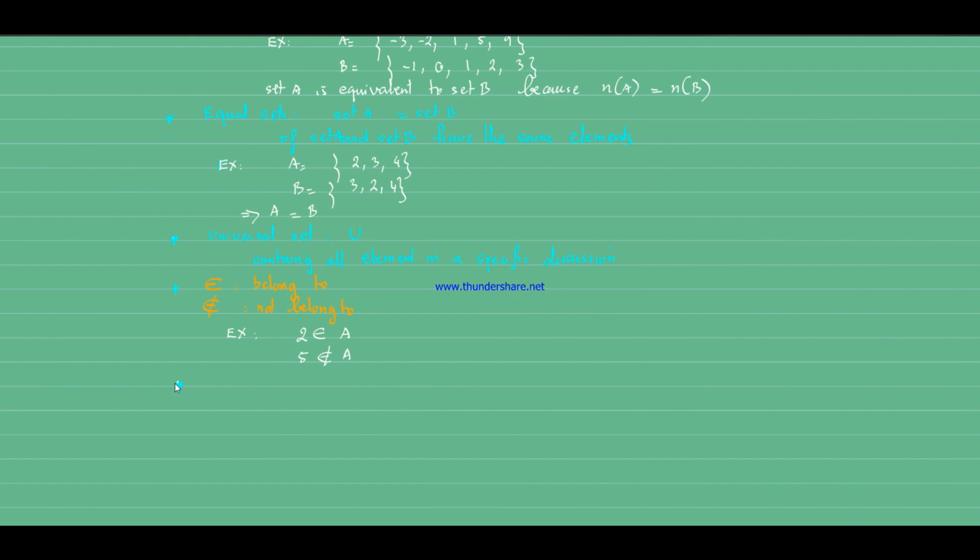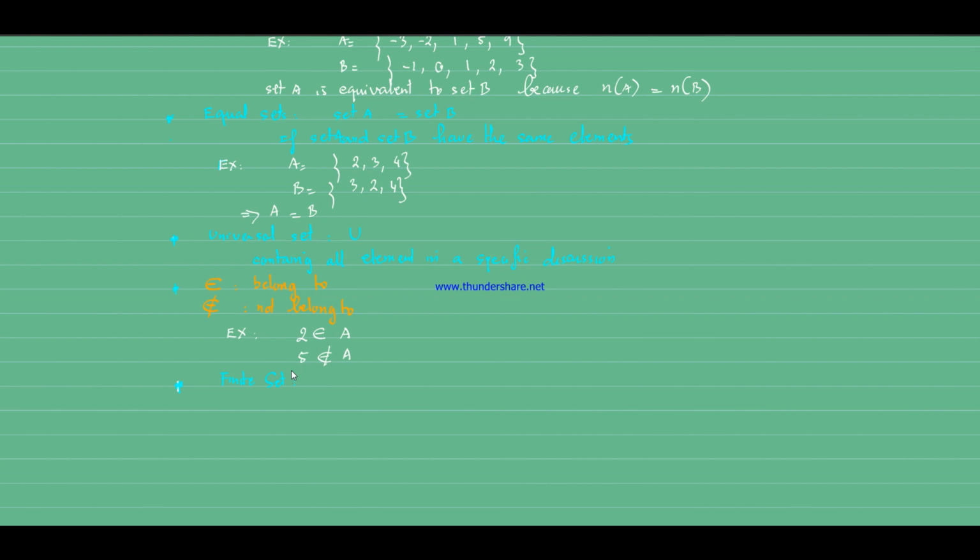If it contains a finite number of elements, and you can count it and finish the counting, then we can call it a finite set. So a finite set is a set that we can count and we can finish counting. Remember that.